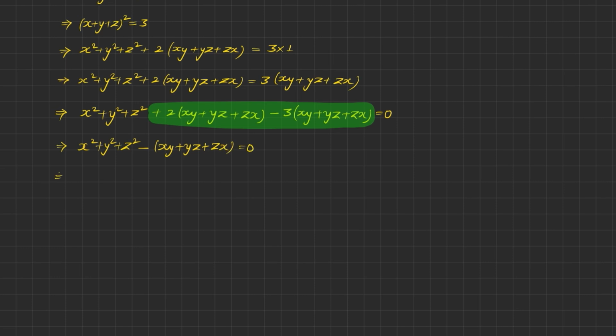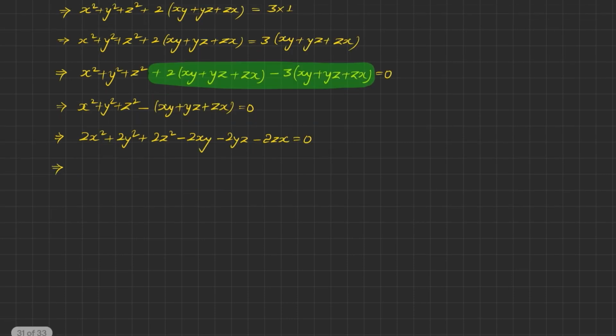Now let's multiply both sides by 2, then it will be 2x square plus 2y square plus 2z square minus 2xy, let me open the bracket also, minus 2yz minus 2zx equals 0. Now I will be splitting 2x square, 2y square and 2z square into x square plus x square, y square plus y square, and z square plus z square.